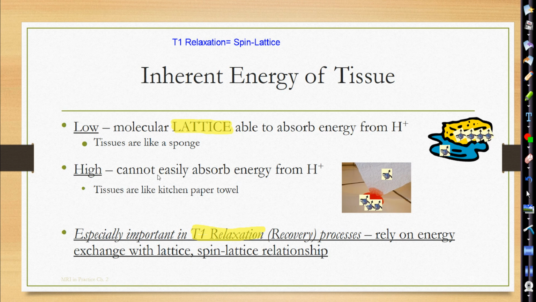Think of it like a crappy paper towel, the off-brand type, the one where you need the whole roll just to clean up a spill of water. This is especially important with T1 relaxation because that relies on energy exchange with the lattice or the environment.